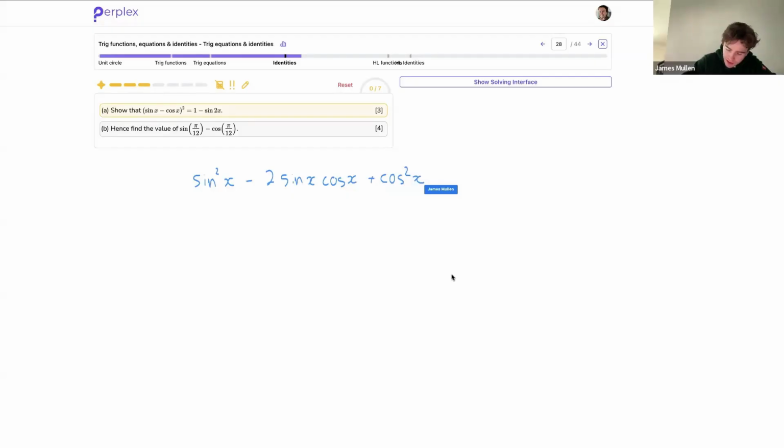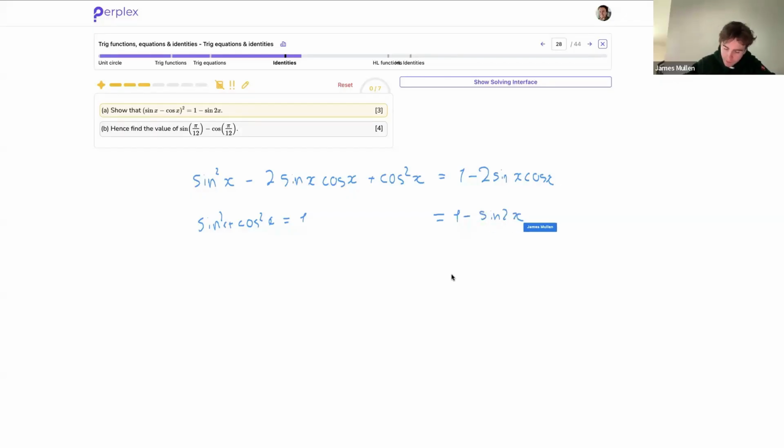What I can do is recognize that sin squared of x plus cos squared of x is equal to 1. And therefore I have 1 minus 2 sin x cos x. But 2 sin x cos x is just sin 2x. So 1 minus sin 2x.